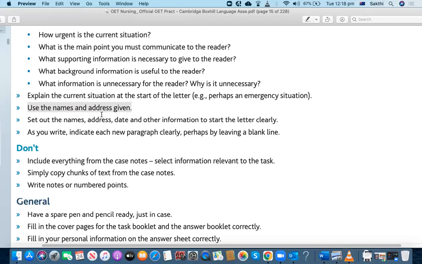All right, don't make any mistakes in relation to the inappropriate use of gender as well as the personal pronouns. For example, the patient is a male, but you started writing 'she requires'. Maybe in one of the paragraphs in your letter, you have been writing 'she requires', although the patient is a male.